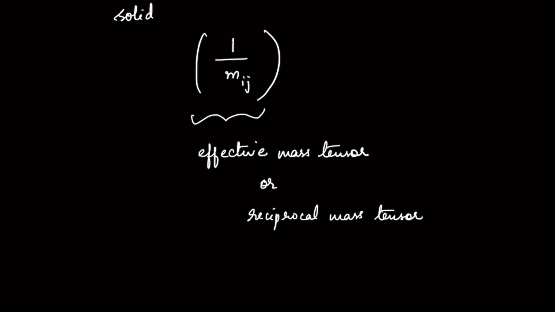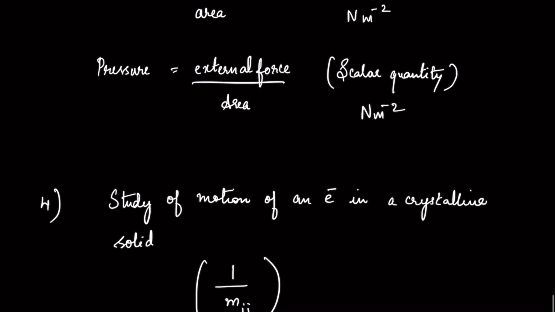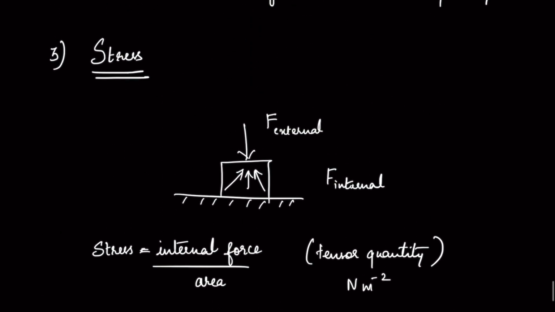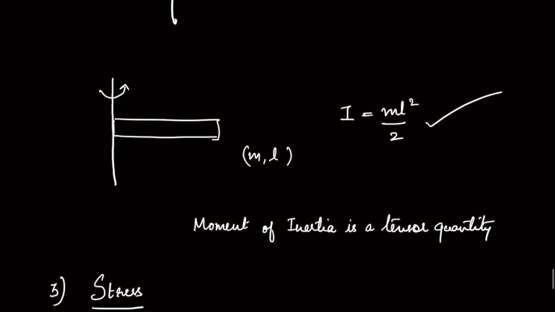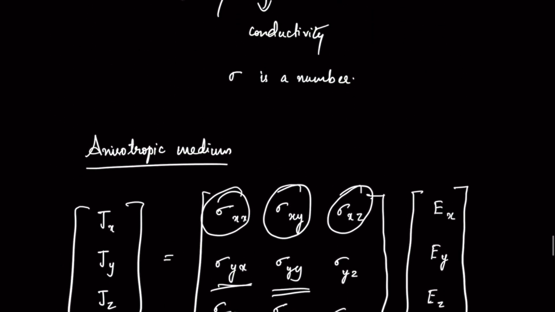So from all these examples, we can see that a tensor is a geometrical object that requires for its full description more than just one number, as in the case of a scalar, and even more than three numbers in the case of a vector, right?